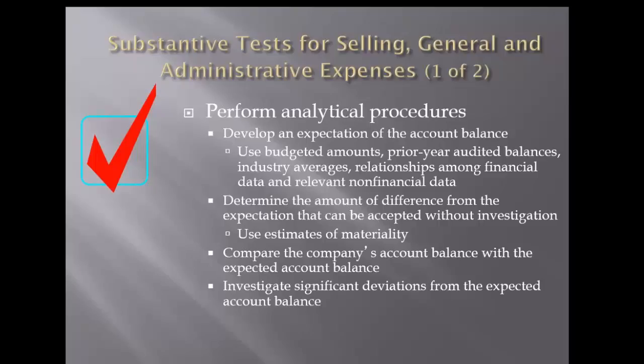And again, whenever you see the word substantive testing, in substantive testing we are measuring monetary misstatements. So the audit results in terms of the fair presentation of the financial statements is based upon our substantive procedures. So we're looking for exceptions.